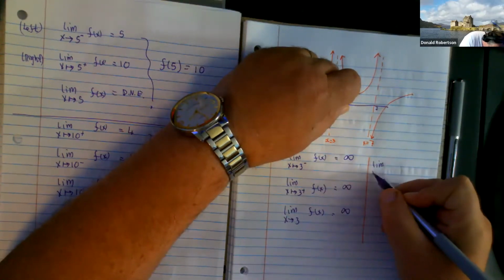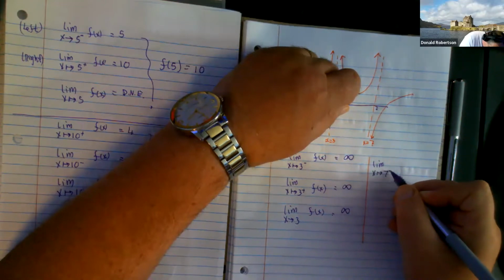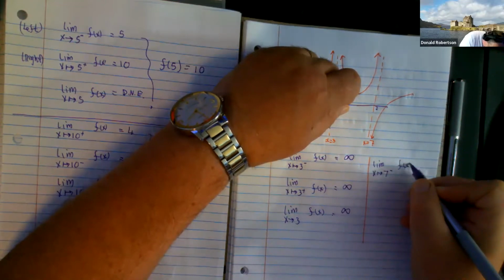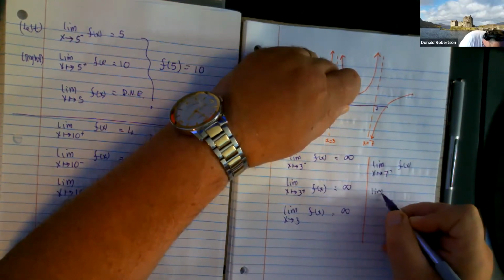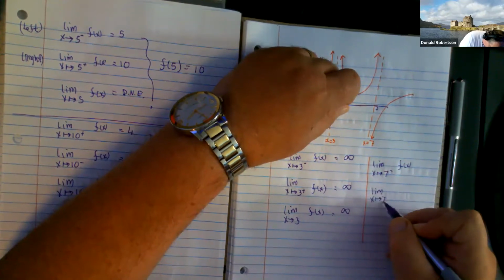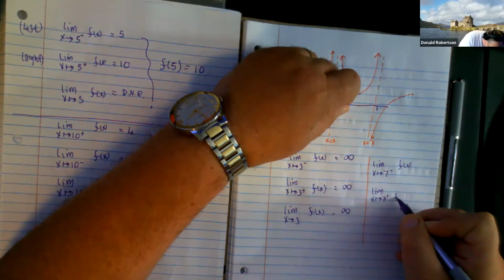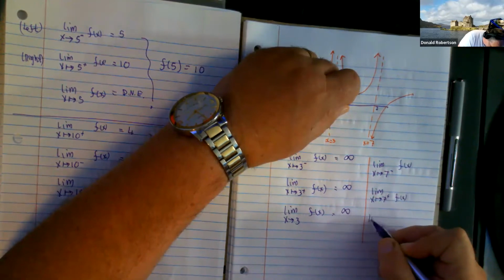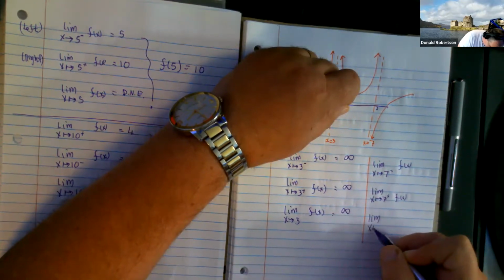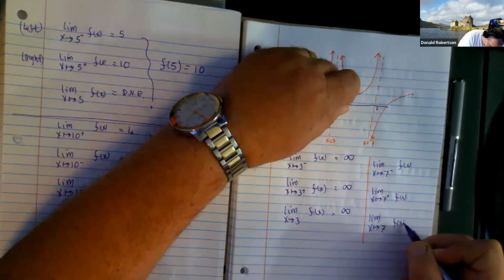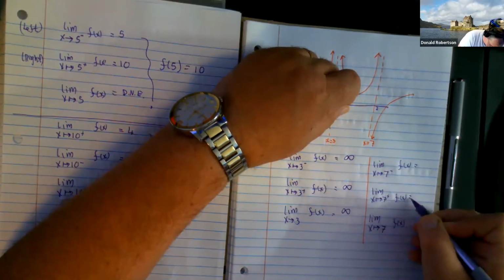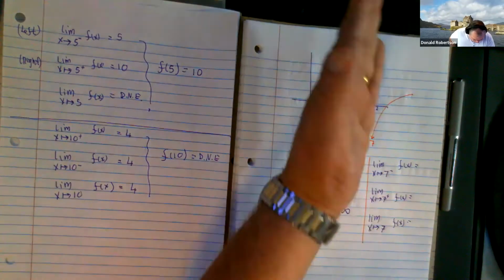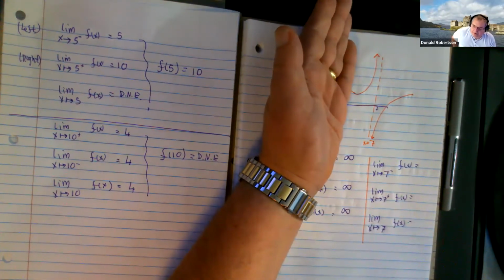Same three questions: a left limit, the right limit, and finally, an overall limit. Okay, cover that up because it's a distraction.